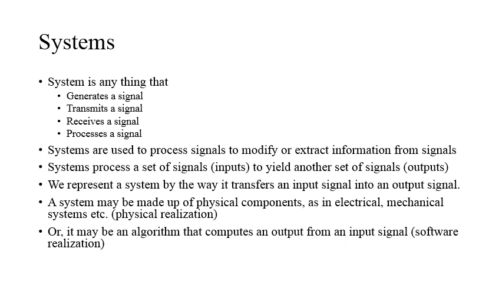A system is defined as anything that generates a signal, transmits a signal, receives a signal, or processes a signal. A system is made up of physical components, such as, in the case of electrical engineering, resistors, capacitors, diodes, amplifiers, filters, etc. So it is made up of physical components, right?